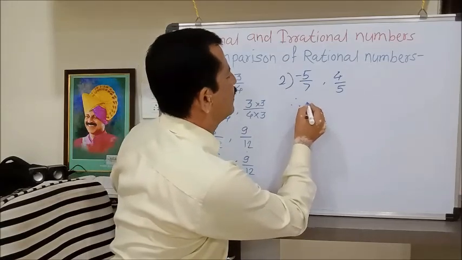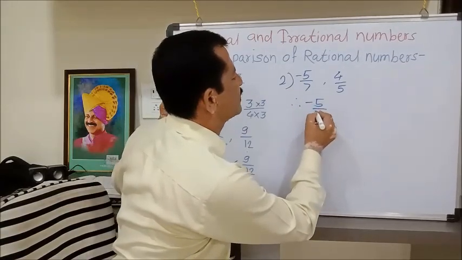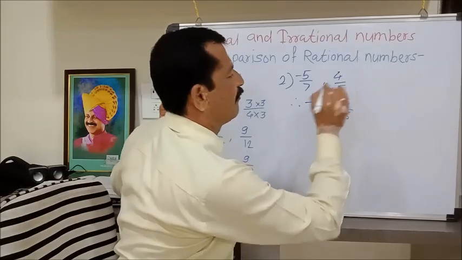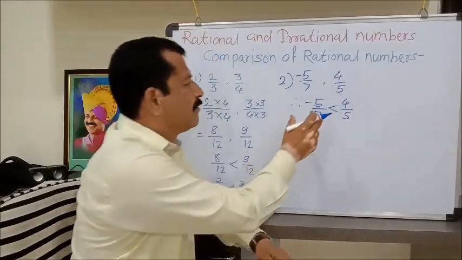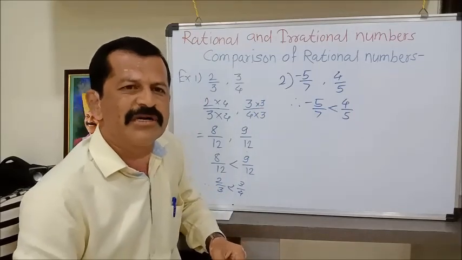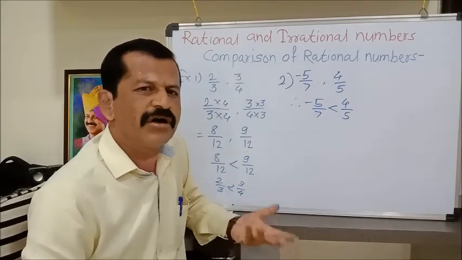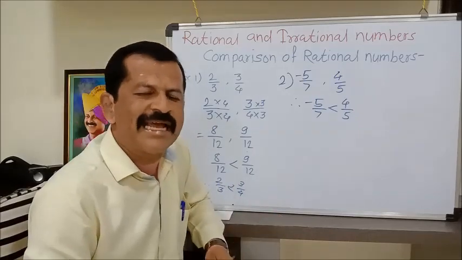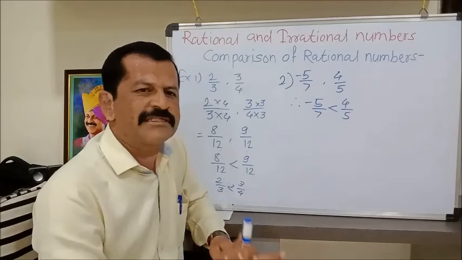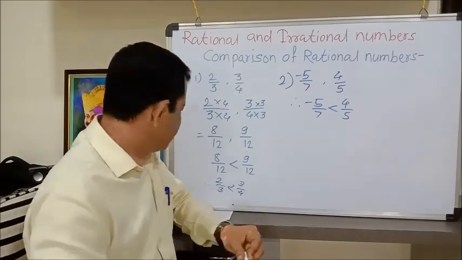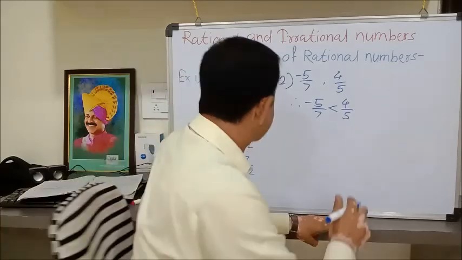So we can write negative 5 by 7 is less than 4 by 5. If one rational number is positive and the other is negative, we choose the positive rational number as the greater one.